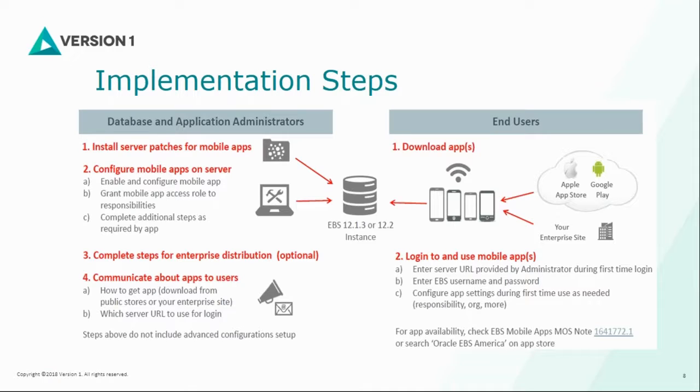And I'll expand on deployment options in the next slide. But the user then just logs in via the app to connect. For first-time use, they have to agree to terms and conditions, enter the URL for the instance they're accessing, and then select the appropriate responsibility. Thereafter, they just have to enter their username and password.